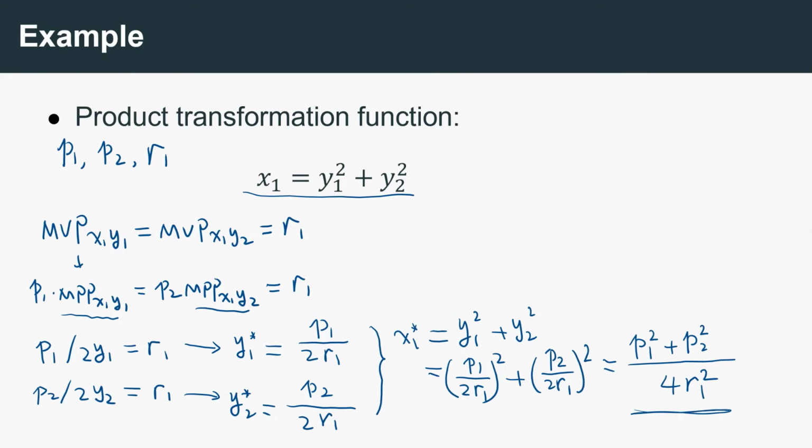So this is the input level when the profit is maximized, and those two are the output levels that will lead to profit maximization.